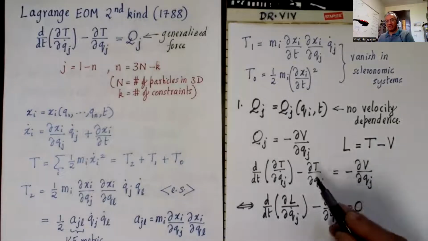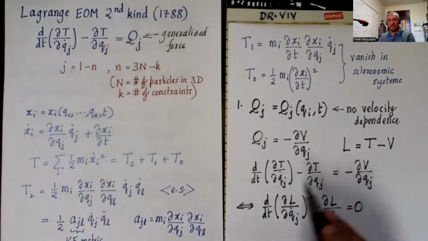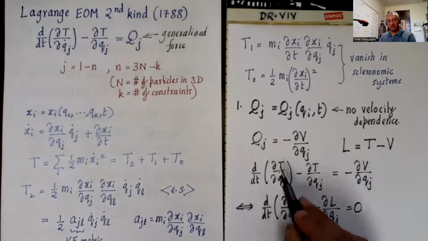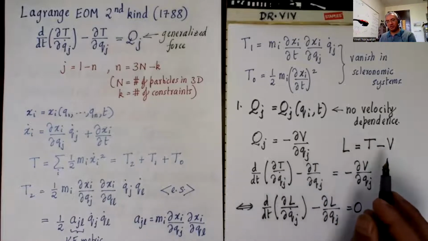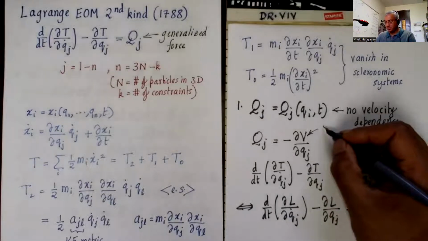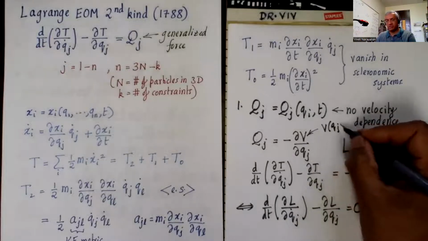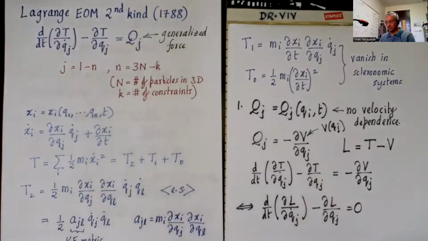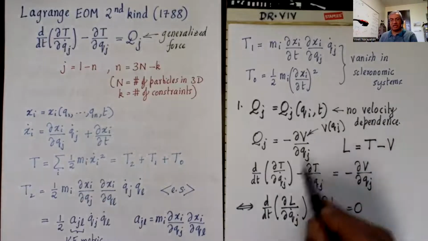So I've brought this to this side and written T minus V common. So del by del qj dot of T minus V, and here del by del qj of T minus V. V does not depend on qj dot because it's only a function of qj, possibly time, but we're going to ignore the time. So we only have that.